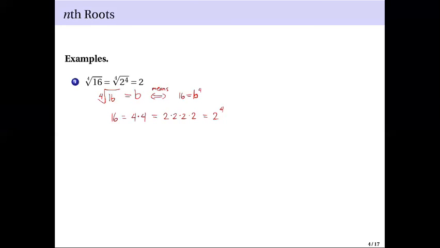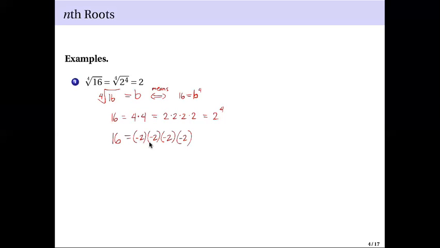Now, let me put this remark in this part. You may argue that 16 can also be written as negative 2 times negative 2 times negative 2 times negative 2. Correct? Because you will have an even power in here.